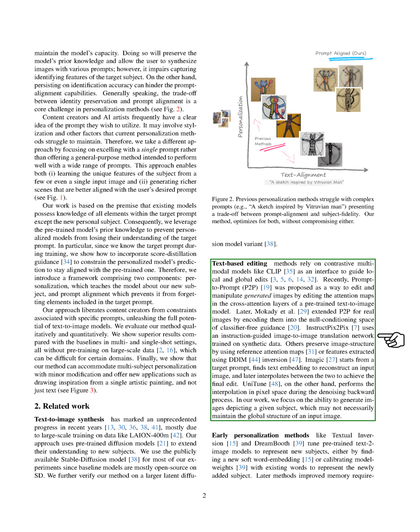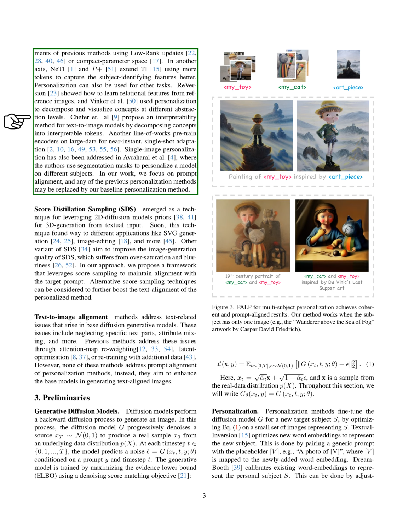Early personalization methods, like textual inversion and DreamBooth, tune pre-trained text-to-image models to represent new subjects. Later methods improved memory requirements using low-rank updates or compact parameter space. Personalization can also be used for other tasks, like learning relational features from reference images, and decomposing and visualizing concepts at different abstraction levels.